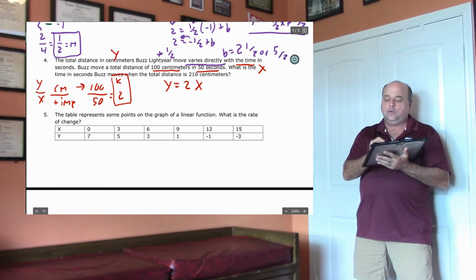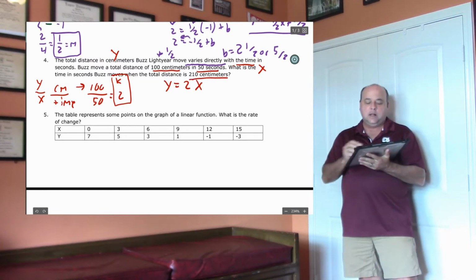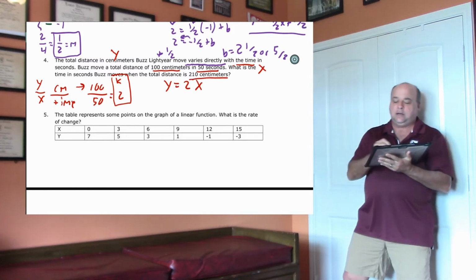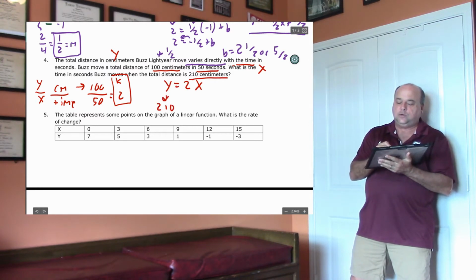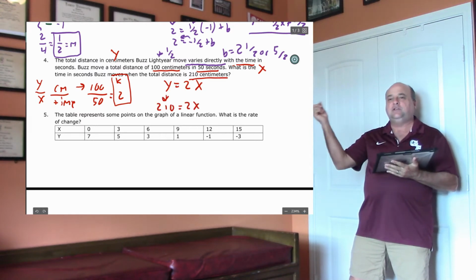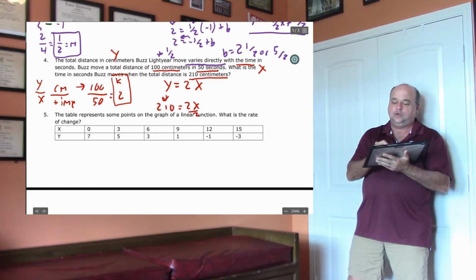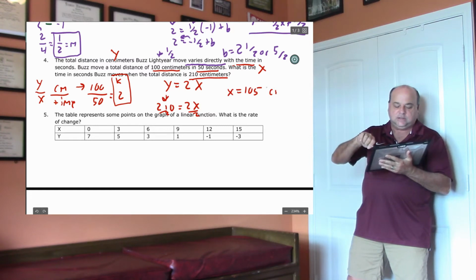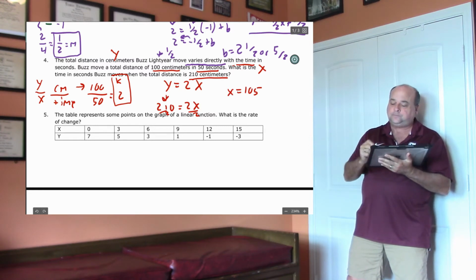Now then we have 210 centimeters, don't we? The centimeters is y. So I'm going to replace y with 210, and I'm going to solve for x. I would divide by 2, and I would get x equals 105, and remember x is centimeters. I'm sorry, x is seconds.